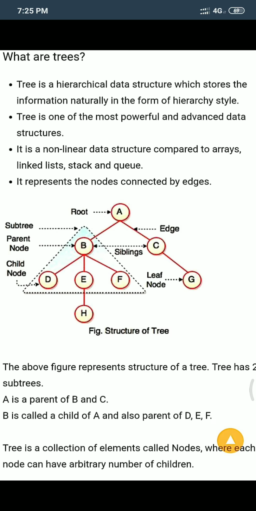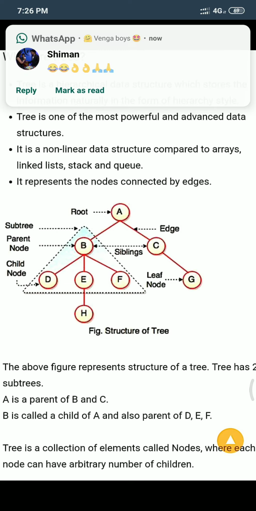Here we have built a tree with the nodes A, B, C, D, E, F, G, H, in the form of a hierarchy. That is the reason we call it a tree.